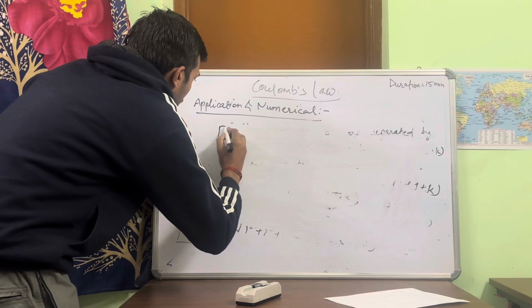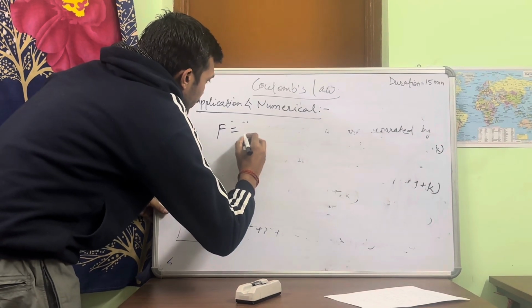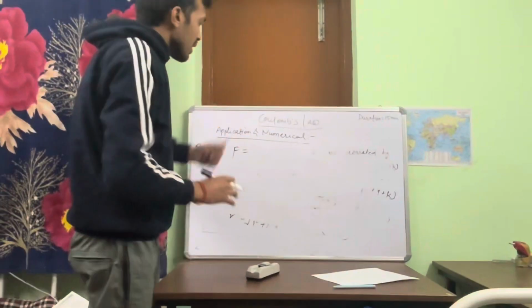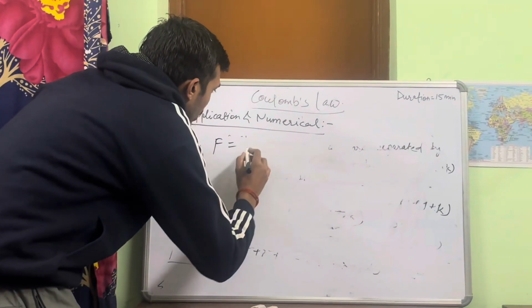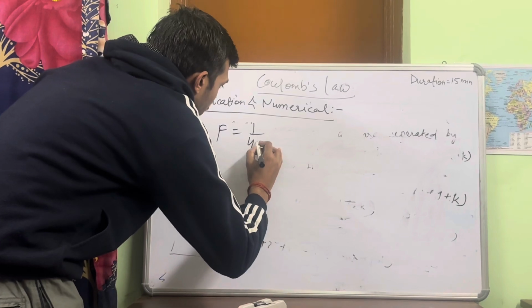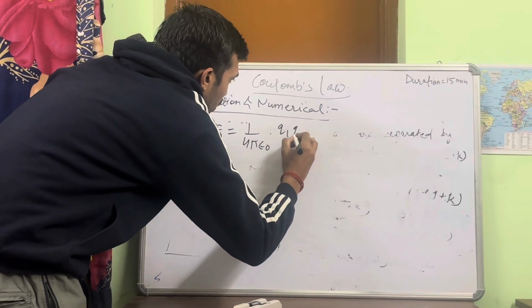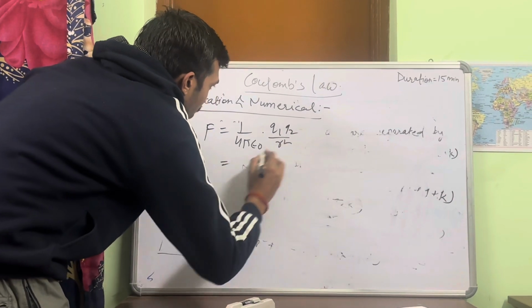Now coming to the formula from Coulomb's law. Here they are not mentioning the medium, so we consider the medium to be air. So the formula is 1 by 4 pi epsilon q1 q2 upon r square.